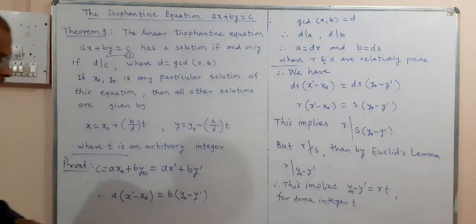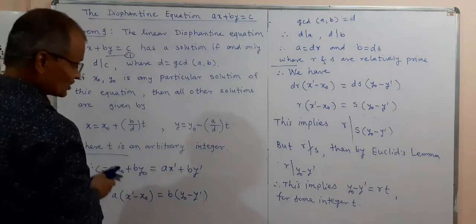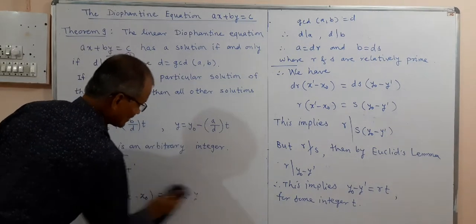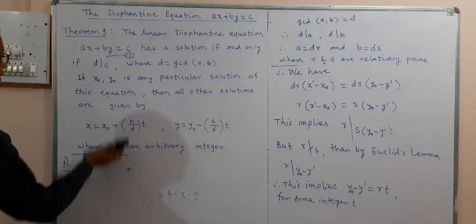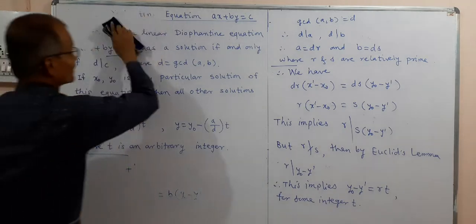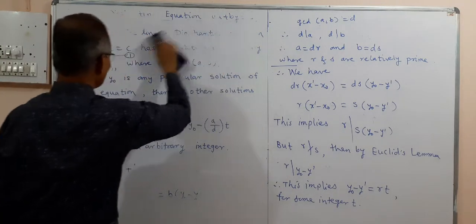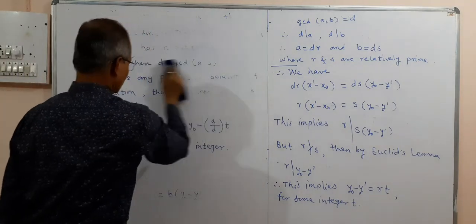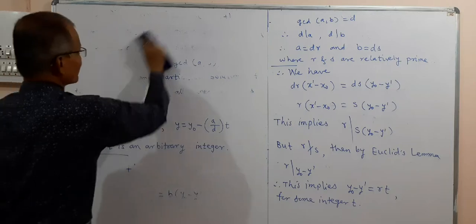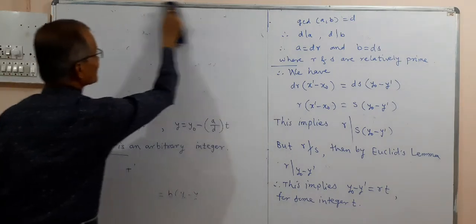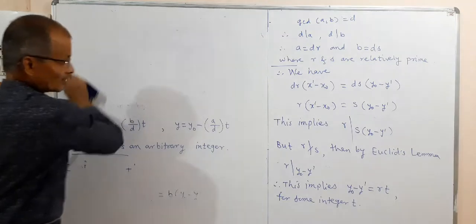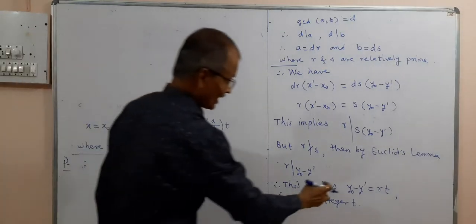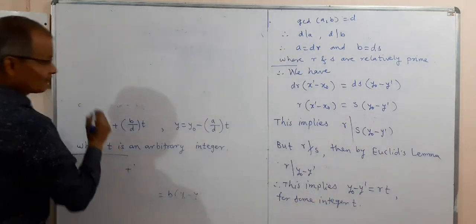And from that we can write y naught, y dash. Therefore y dash from that will be, see, take y dash on that side and rt on this side.